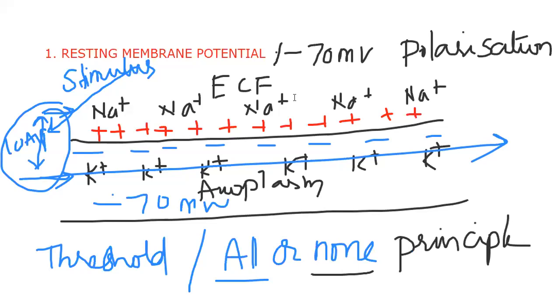Okay, so we'll make it a little bit clear here. When the stimulus comes, I'll take the next page here to show the resting condition. This is the area: minus 70, minus 70, minus 70, minus 70.